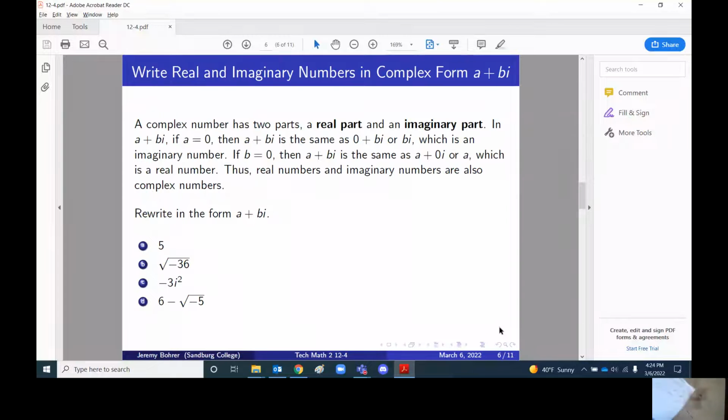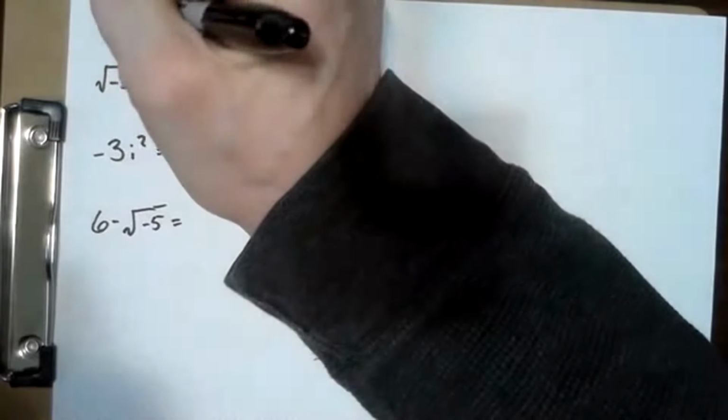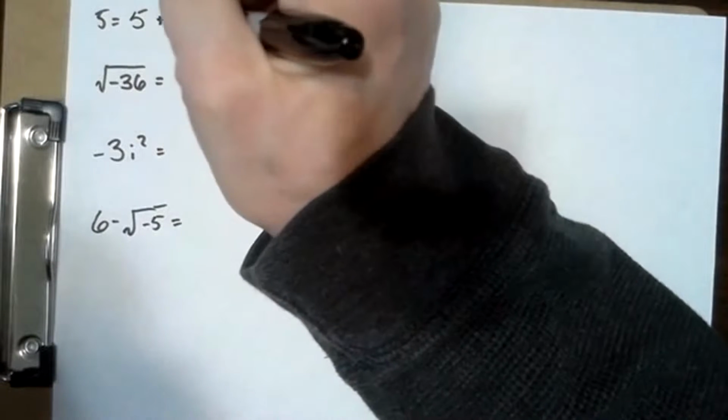Our next problems ask us to rewrite these numbers in the form a plus bi. 5 is just 5 plus 0i.